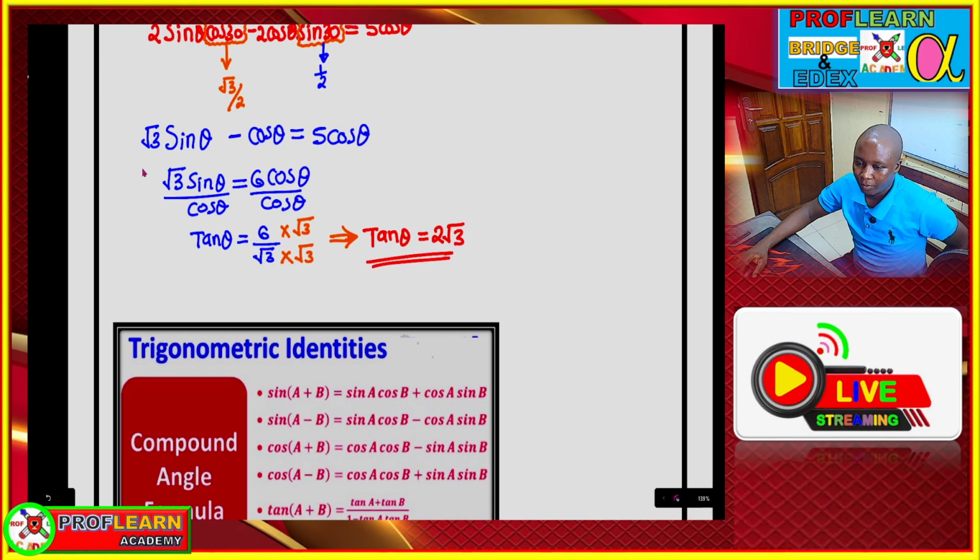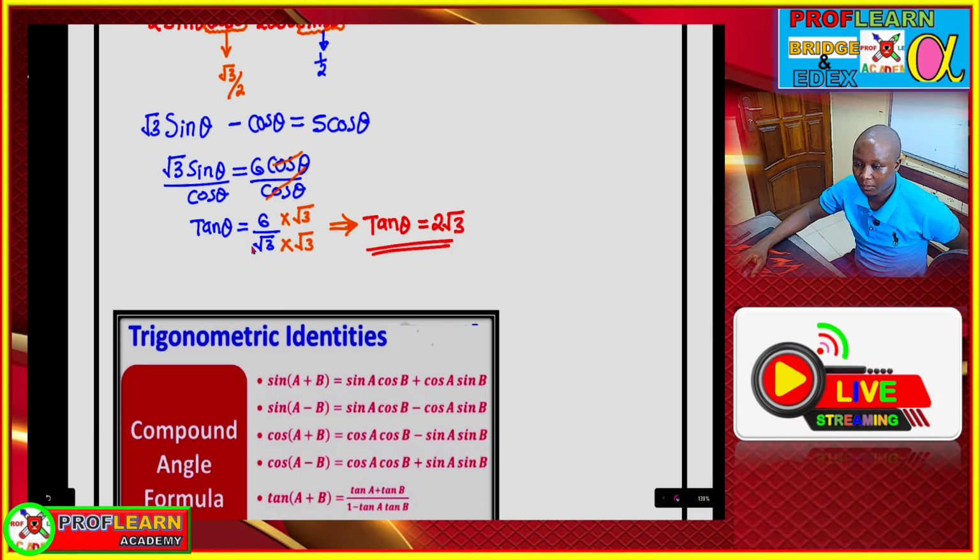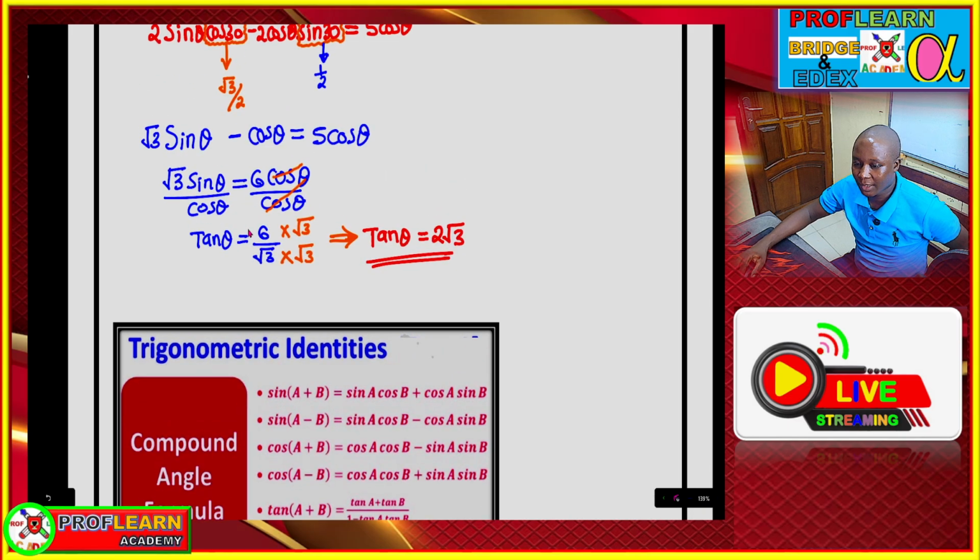Now, if you divide by cos both sides and then divide by root 3 both sides, you're going to have these two cancelling out, and then we have 6 over root 3, but sine theta over cos theta is basically tan theta. If you rationalize the denominator on this part, this reduces to 2 root 3, because root 3 times root 3 gives you 3, and 6 divided by 3 gives us 2, times root 3.